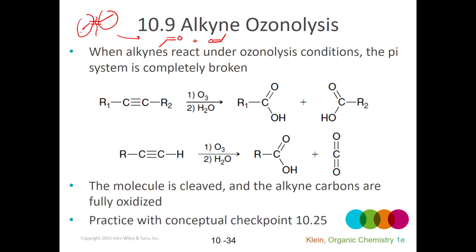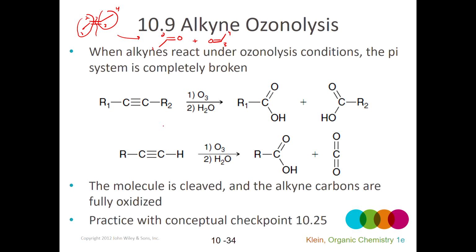Each of the carbons, so we'll number these, carbons 2 and carbon 3. Each of the carbons that were involved in the pi bond now have new pi bonds, but they're doubly bonded to oxygen instead of carbon. Right? So ozonolysis for alkenes converts a CC double bond into CO double bonds and breaks the structure in 2.